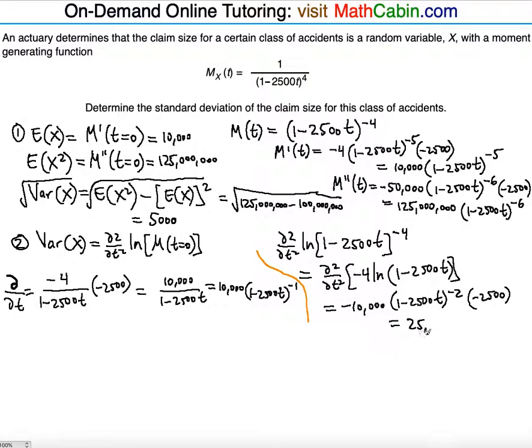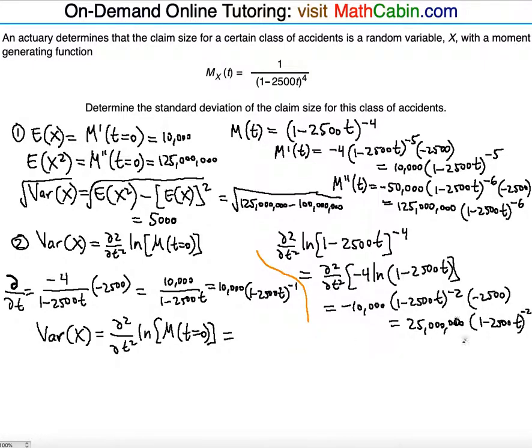So that gives you exactly 25 million, multiplying the (1 minus 2500t) to the -2. Now you can evaluate the variance, right? The variance is going to be the second derivative of the ln of the moment generating function at t equal to 0.